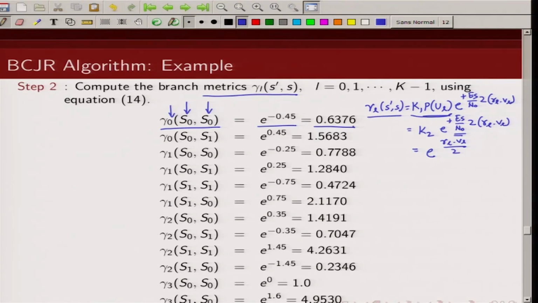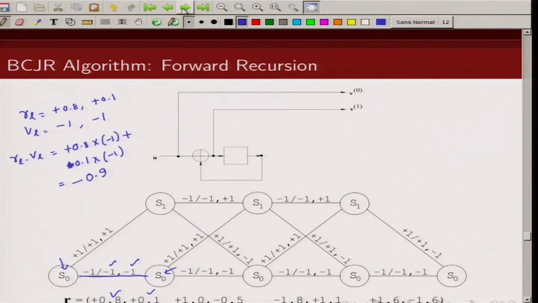Now, you can take any other example. Let us just take this example, gamma 1 from S1 to S0. Gamma 1 is time instance t equal to 1, and initial state is S1, final state is S0. So, we are talking about this transition. Now, what is RL corresponding to this transition? It is plus 1 and minus 0.5. And what is VL corresponding to this transition?